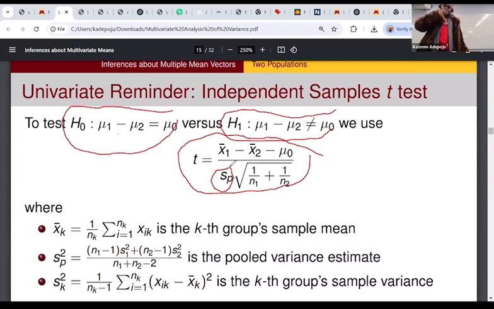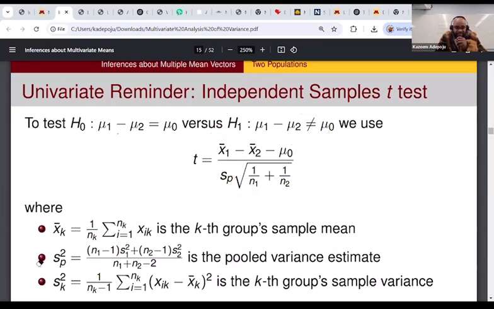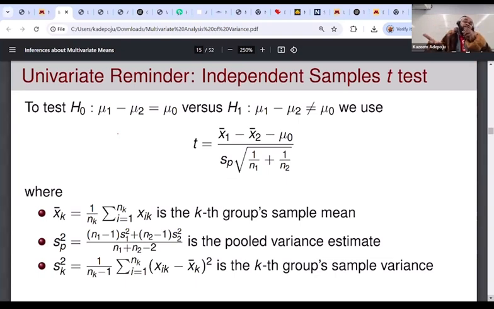Now we have a pooled variance formula here. This is just to remind you of what you have done in the univariate case. Like I said, if you want to understand the multivariate case, you need to first start your journey from the univariate case, because what we are extending is the univariate test into a multivariate version of the test. This is the univariate case.